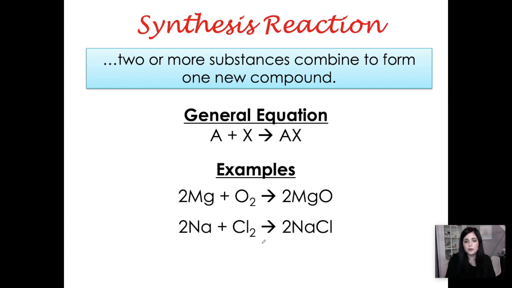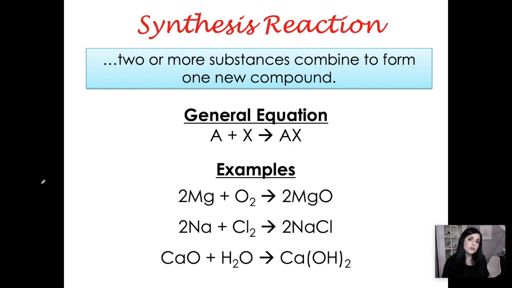Same thing for chlorine. Chlorine doesn't like to be by itself. Here, it's not by itself. It's bonded to sodium, so it's okay. Only when it's alone. And here's another example. We can also do these with metal hydroxides or metal carbonates. So in order to produce either one of those, we have to start off with more simple compounds.